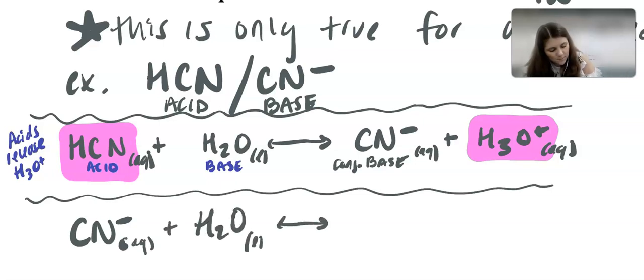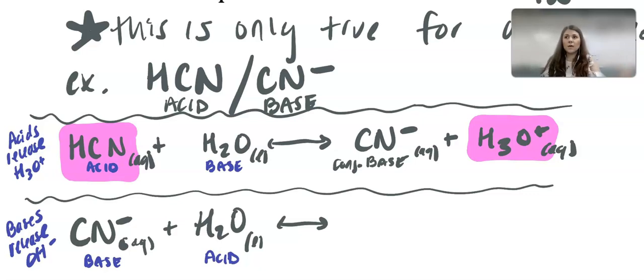So here, this is my base, this is my acid, and knowing that bases are going to release hydroxides as a product, okay? Here, our product, and knowing that our base is based on Bronsted-Lowry, is a proton acceptor, that acid H2O will release a hydrogen to the CN minus.